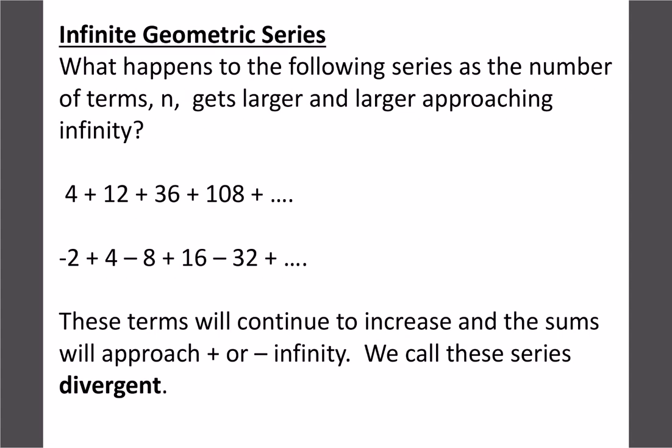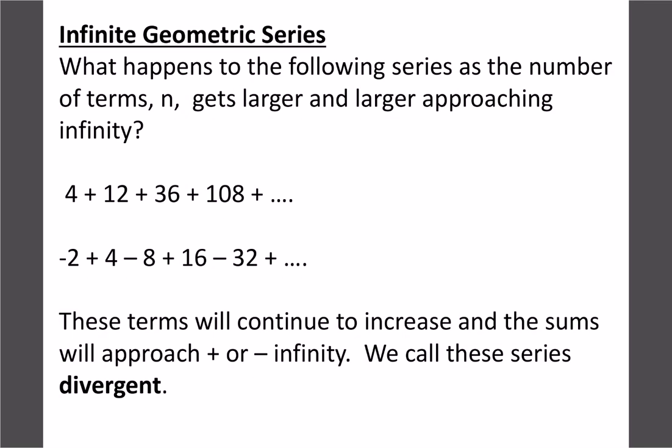So what we first have to figure out is, does it get bigger or does it get smaller? If we look at this first example, 4 times 3 is 12, times 3 is 36, times 3 is 108. So this is going to continue to get bigger and bigger. If we look at the next one, we go from negative 2 to 4, to negative 8, to positive 16, to negative 32. It's still getting bigger and bigger, even though it's going positive, negative.